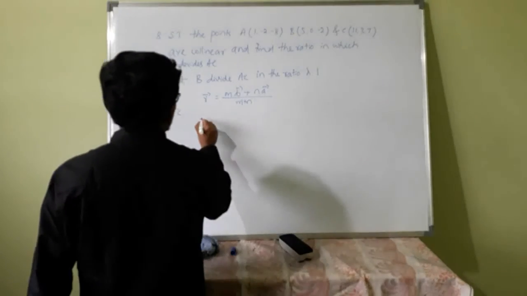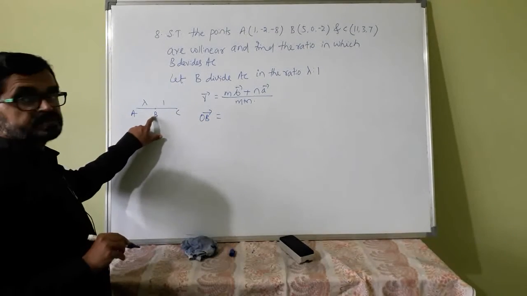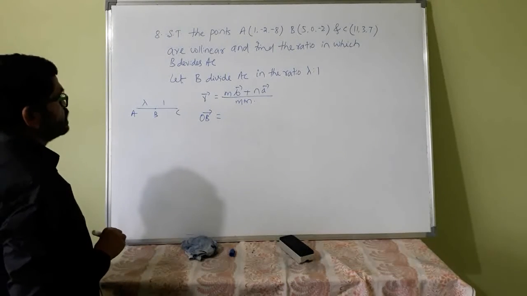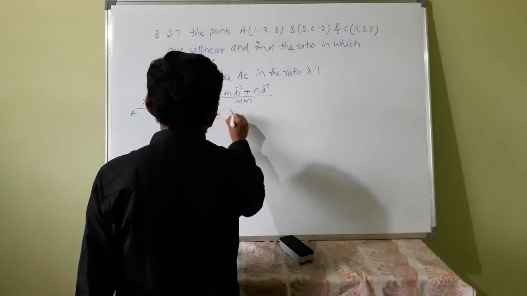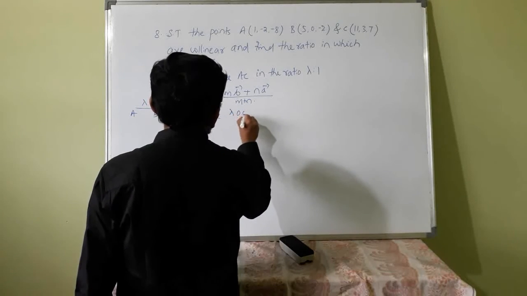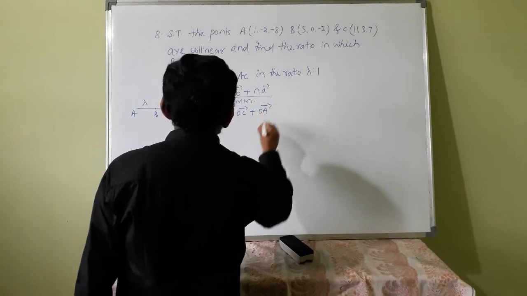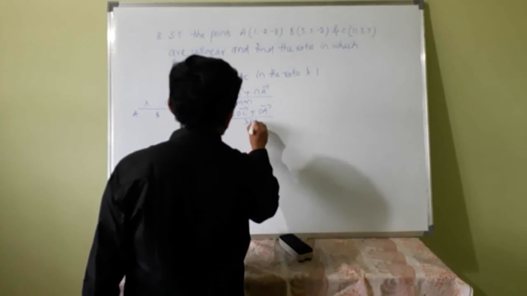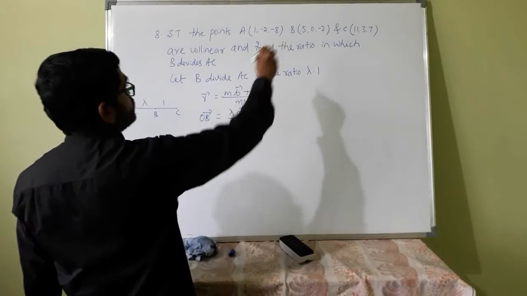R here is OB. Position vector for this point is asked. OB is equal to lambda into OC plus OA, isn't it, divided by lambda plus 1.